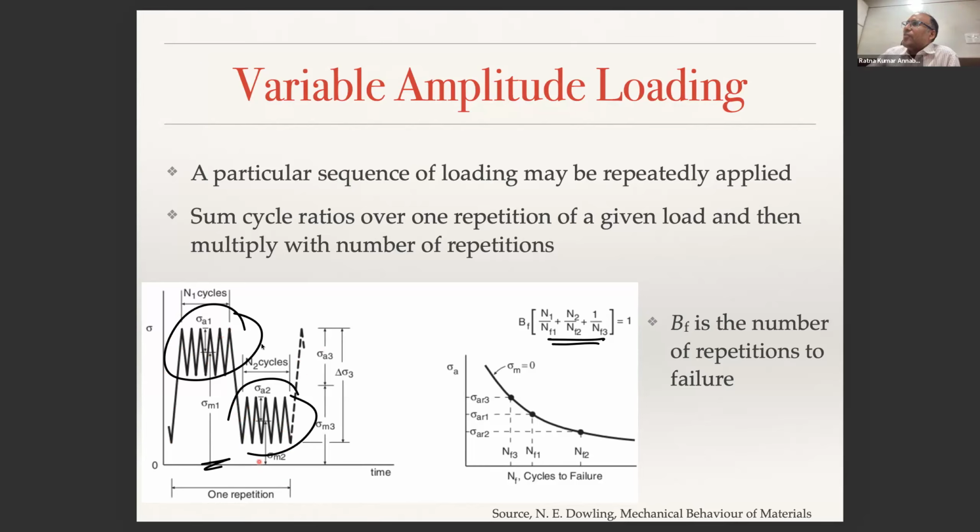So this is typically what happens in several machine components, and hence you have defined a number of repetition cycles. So this N1, N2, and 1 cycle keeps on repeating. So the question is, how many such repetitions can you have? That is the question that we need to answer. Is that clear?